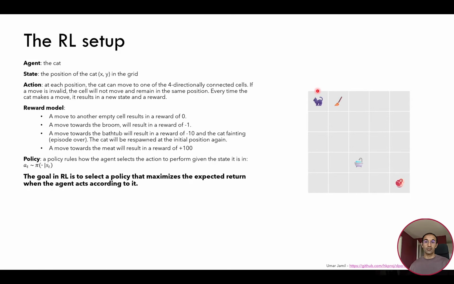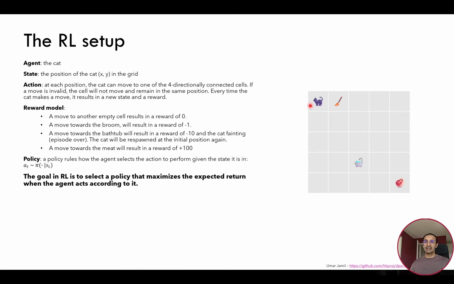Let's call it a grid world that is made of cells, in which the cat's position is indicated by two coordinates, the x position and the y position. This can also be treated as the state of the agent, because every position corresponds to a particular state. When the agent is in a particular state, it can take some actions.